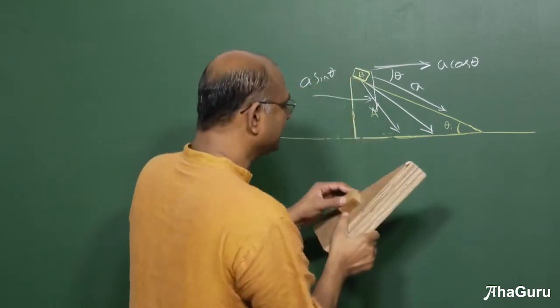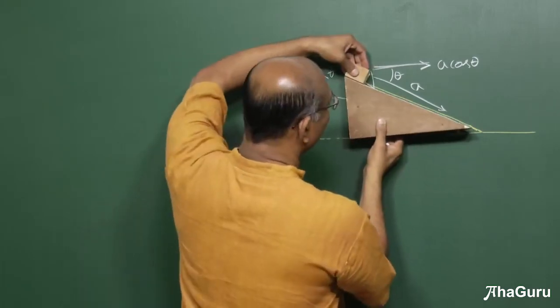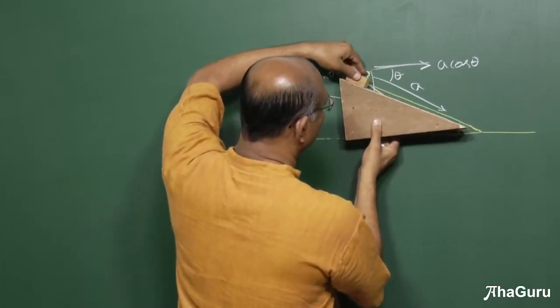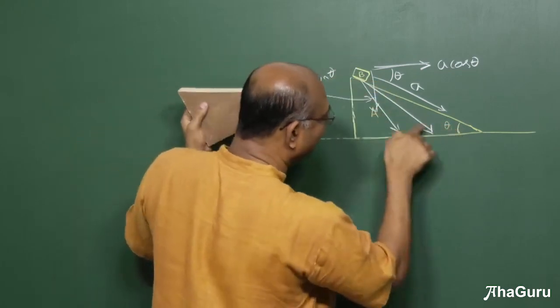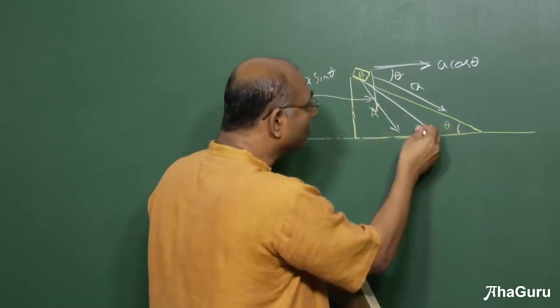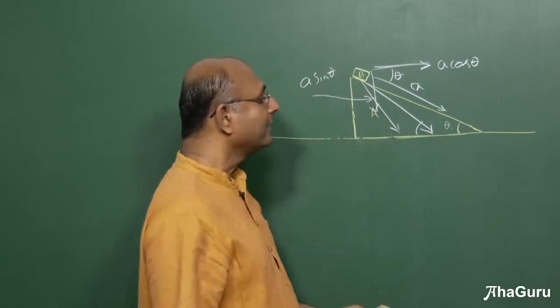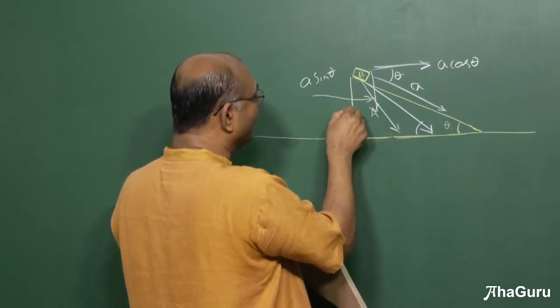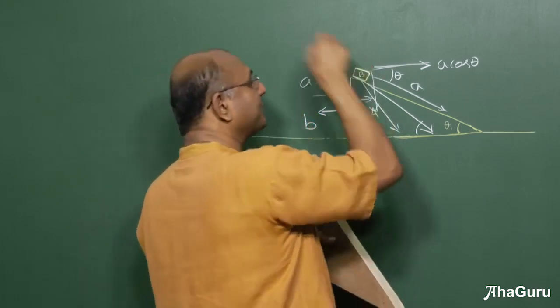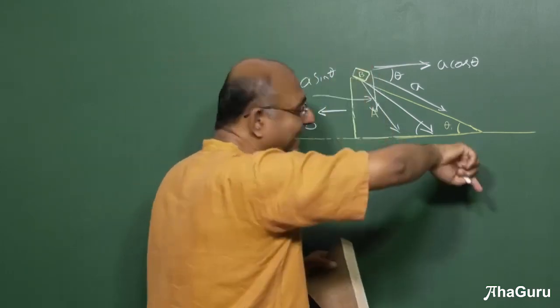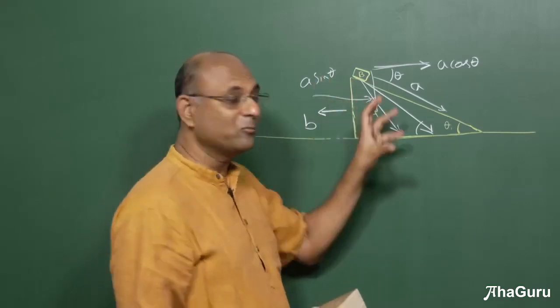Now the problem is, because this wedge is moving, let us say that the wedge moves this way. As it moves, I come down. So this fellow is going like this. I don't know this angle, right? So you need to look at the fact that this guy has an acceleration B and this fellow has an acceleration in this direction. So that means this is slightly more messy.